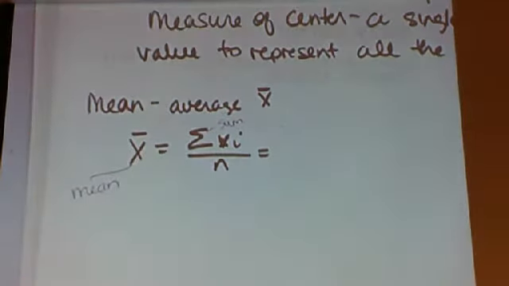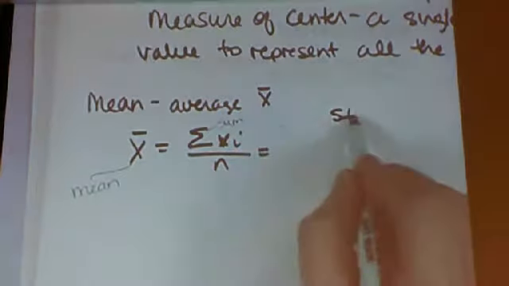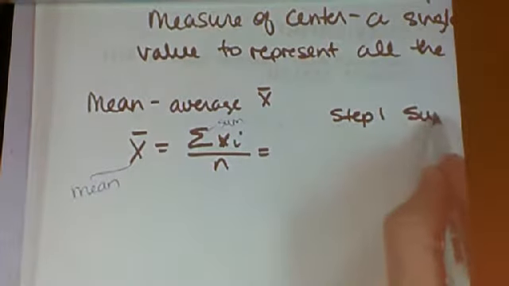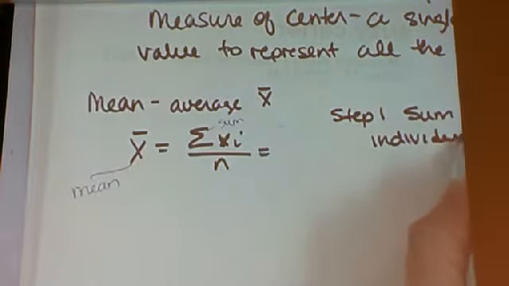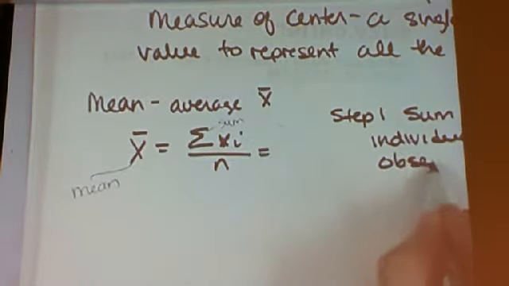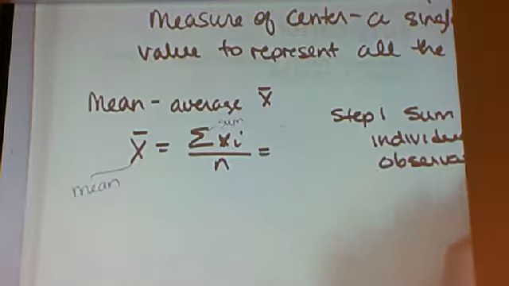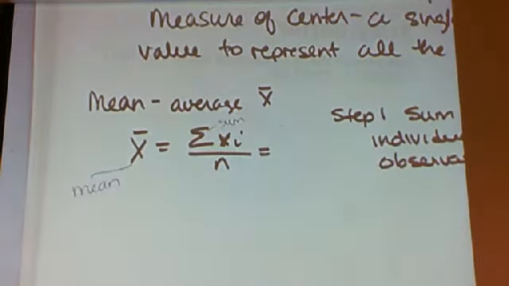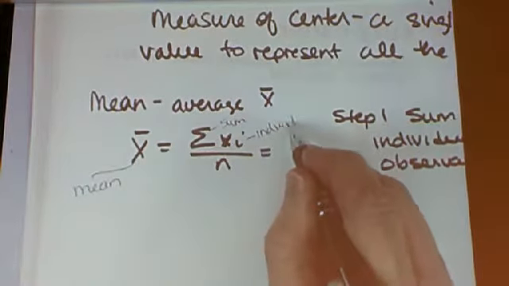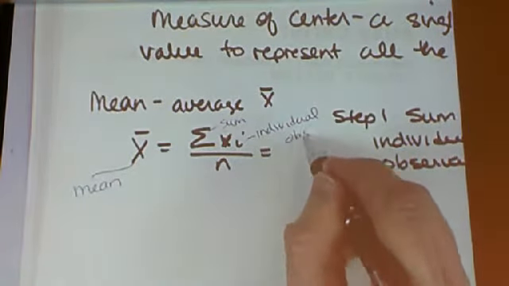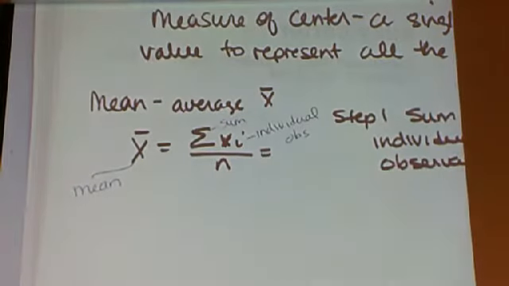So step 1, sum the individual observations. That's why this X has an I by it. It's standing for all the individual observations. So it's observation 1, 2, 3, 4, 5, however many there are. So we're going to sum them all up.